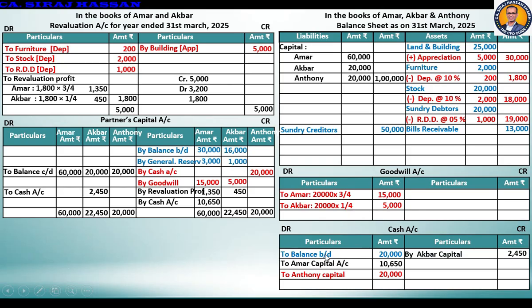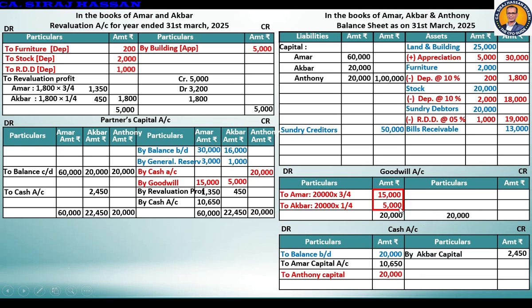So cash will come into the business, cash being the real account, and the rule of the real account is debit what comes in. So in business, cash comes in. So cash account will be debited, and this was given by Amar. So Amar's capital account will be credited. So the journal entry will be cash account debit to Amar's capital account.